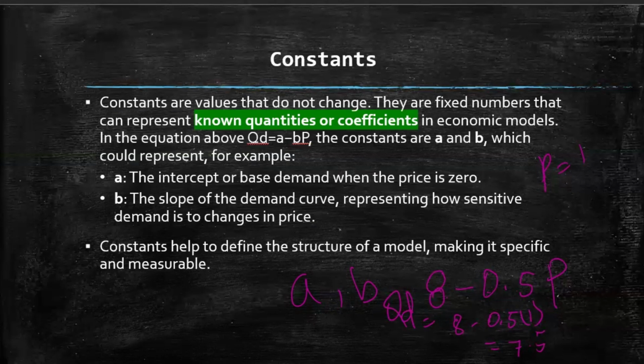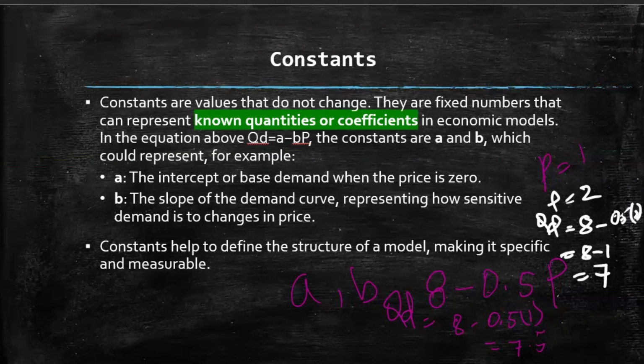But if the price changes to 2, then the quantity demanded will change to 8 minus 0.5 into 2, which will become 8 minus 1, that is 7. So now you can see that as the price P changes, quantity demanded changes. But the values 8 and 0.5 are not changing in this equation, so they are called the constants.